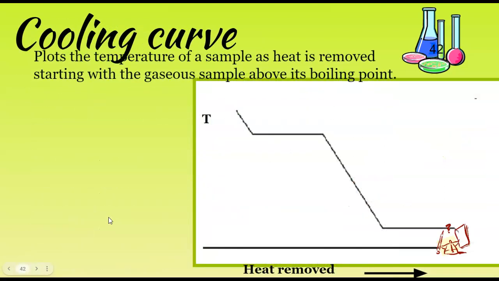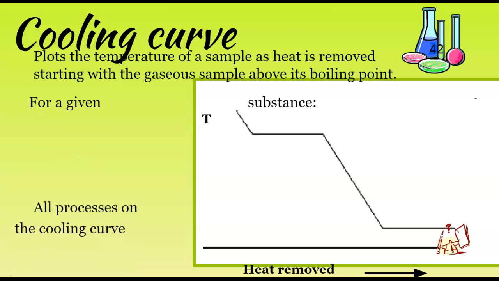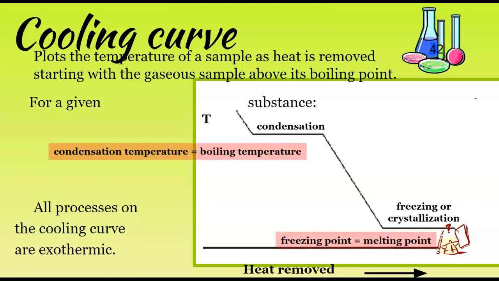Okay, but now I have the reverse, that cooling curve. When I have that cooling curve, it is going to be exothermic. I am giving off, I'm releasing that heat. As I release that heat, my kinetic energy is going down. I'm becoming more organized. I'm pulling the substances, I'm making them closer together.